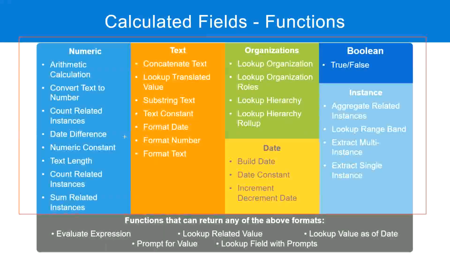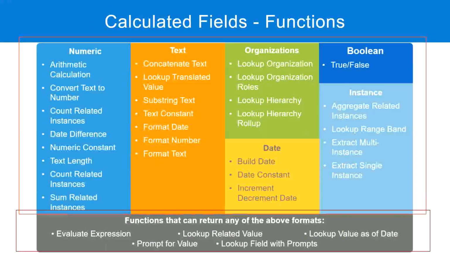But there are some functions which can be configured to return any of the above types or any of the above formats, right? So those are the ones at the bottom of your screen, okay? So those are the ones which let me highlight them. So these are the ones that can return any type of output.